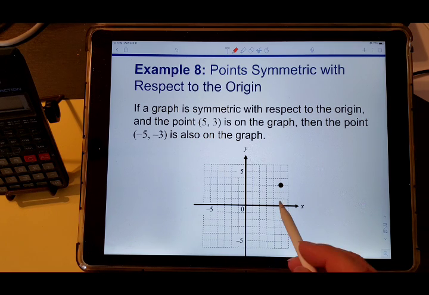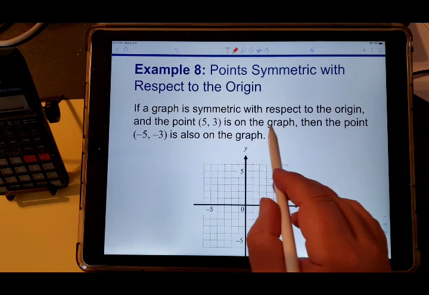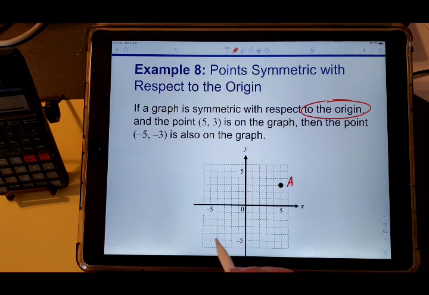So in this case, if I have this point, and they're telling me that it's symmetric with respect to the origin, I'd also have to have this point. Let's see, is that 3? Yeah. Also have this point.